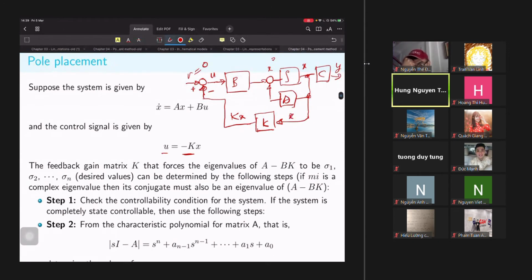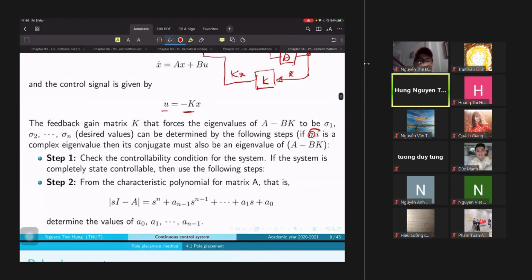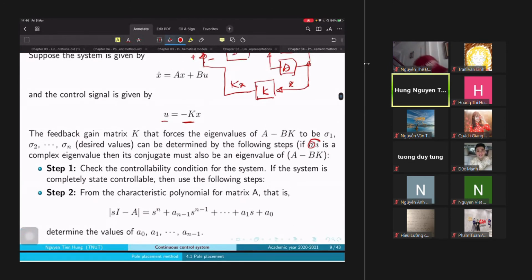So it is like this. The matrix gain K forces the eigenvalues of this to be sigma 1 up to sigma n. This is the design notation, and it can be summarized by these steps.